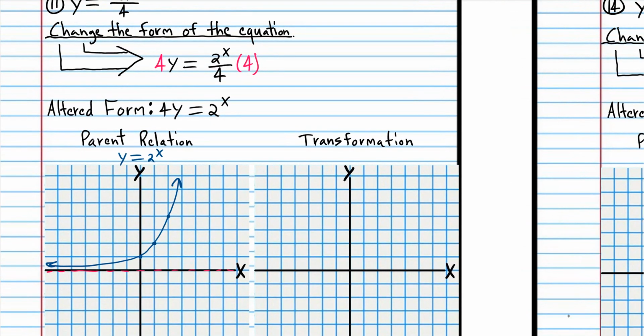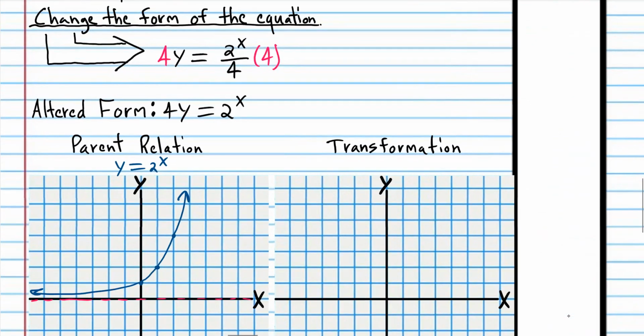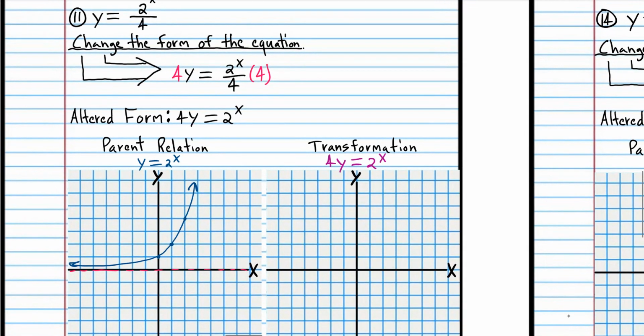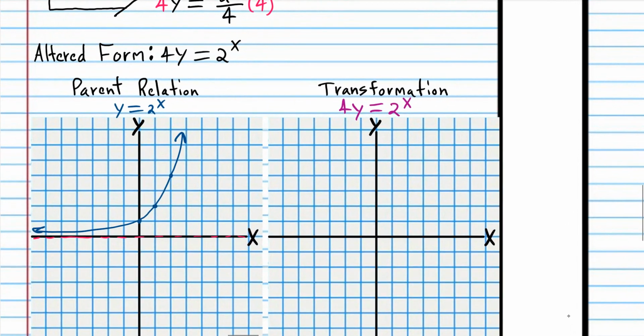So now we're going to graph the equation that we're trying to plot. And we know when you multiply y by 4, you just divide all the y values of the graph of the previous equation.